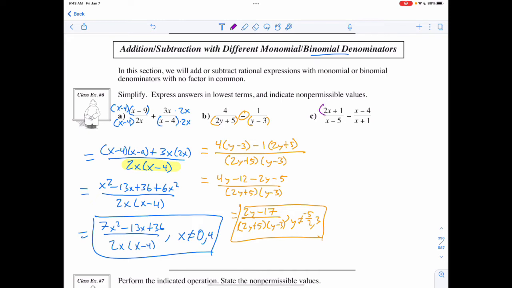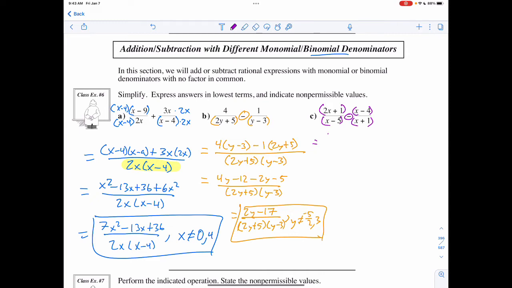Last one, I got a binomial on the top, binomial on the bottom, binomial on the top, binomial on the bottom. I'm going to watch for that negative. The factors are not the same in the bottom. I can't simplify them at all. So very similar process.